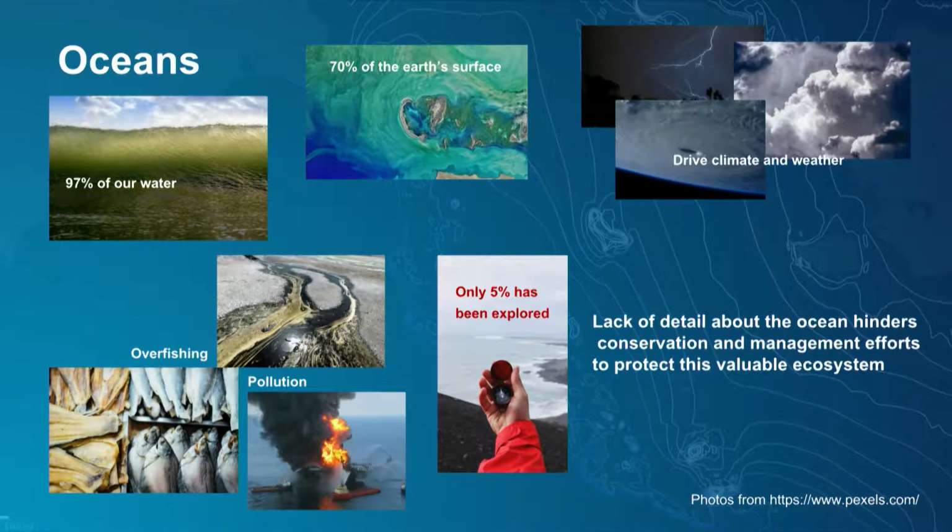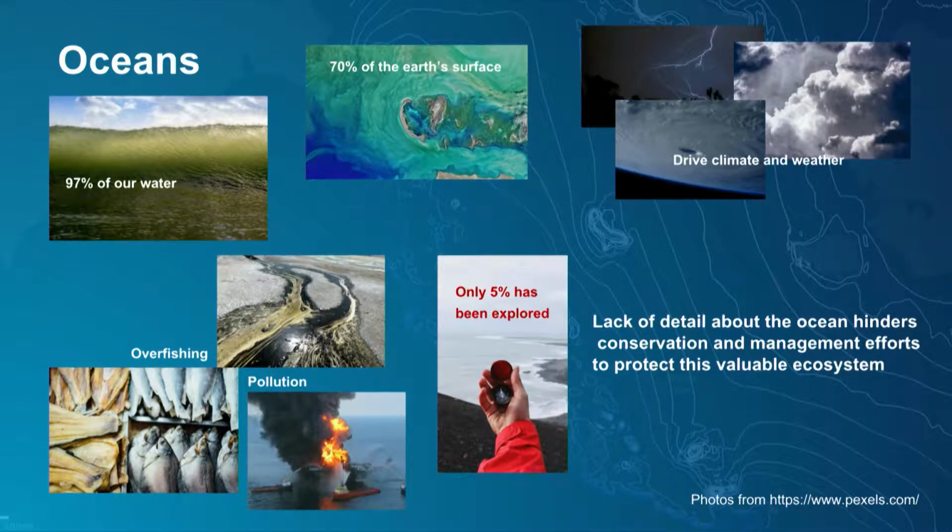And yet, despite this huge impact of the oceans on our lives, only 5% has been explored. And if we're going to manage the ocean in the face of overfishing, pollution, natural resource utilization, we want to have enough information to make the right decisions about managing and protecting this ecosystem.